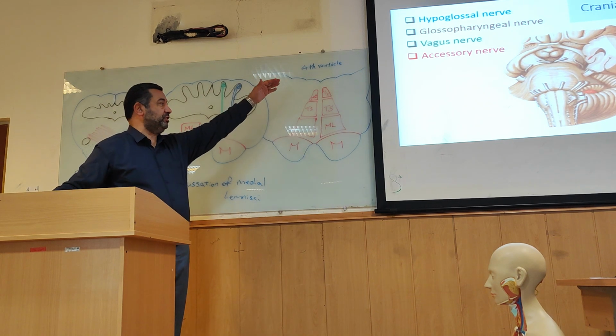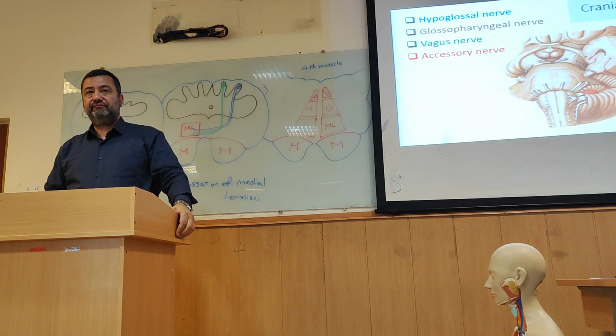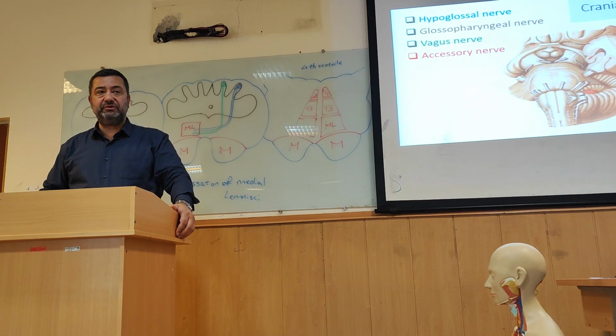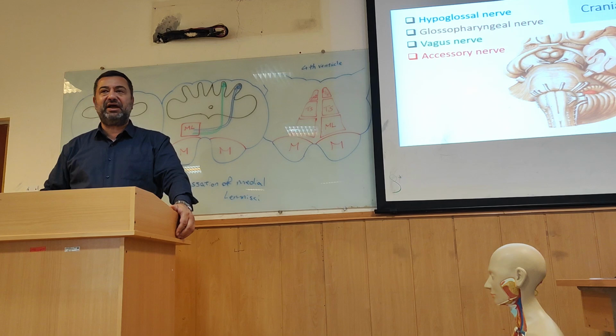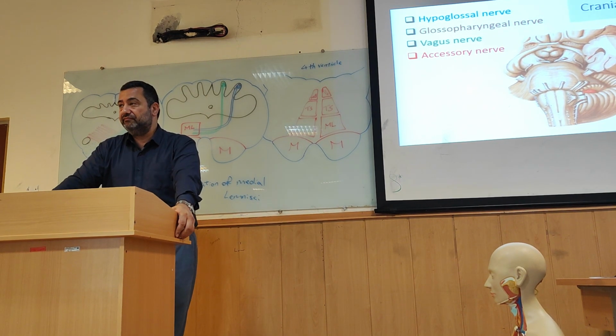From anterior to posterior: M, ML, TS, MLF. Okay? M is corticospinal tract. ML is medial lemniscus. TS is tectospinal tract. And MLF is medial longitudinal fasciculus.